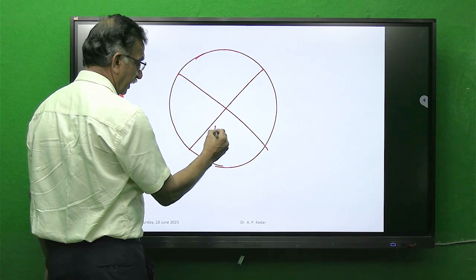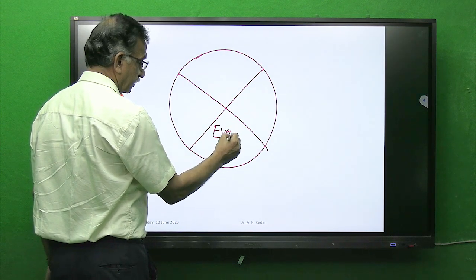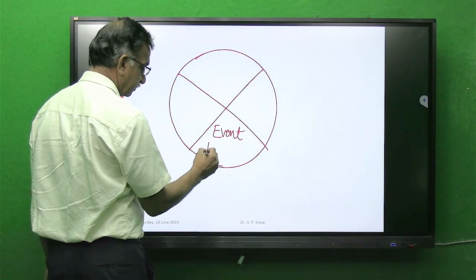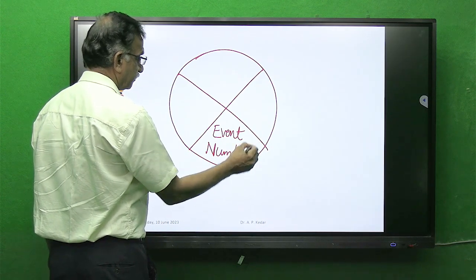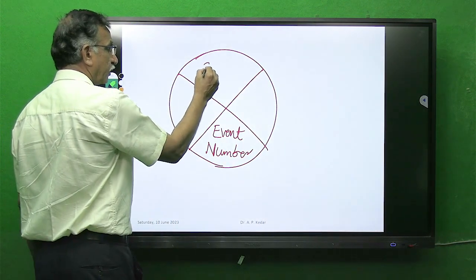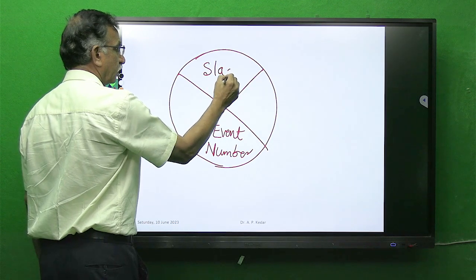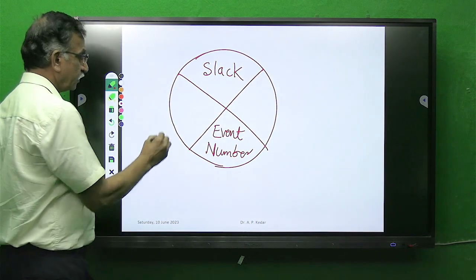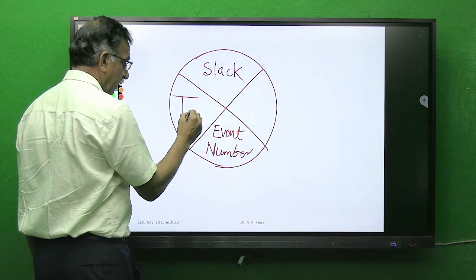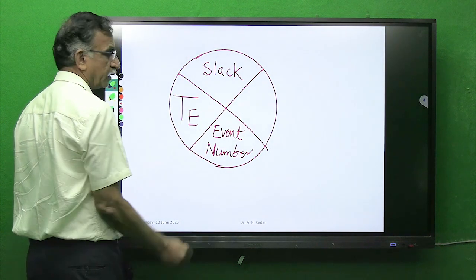Here we will be writing the event number. Here we will be writing slack. In this corner we will be writing TE.